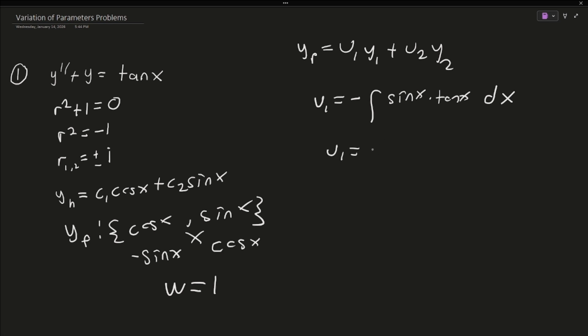So u1, in other terms, is going to be this, which is actually sine squared x over cosine x. We could write that as negative sine squared over cosine if we carry out that negative, so we would have this integral. And we could just write that as the integral of cosine x minus secant x dx.